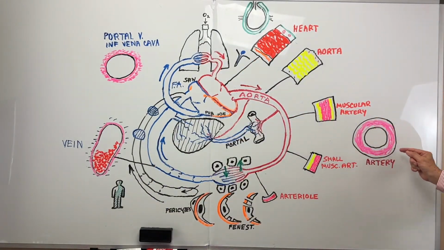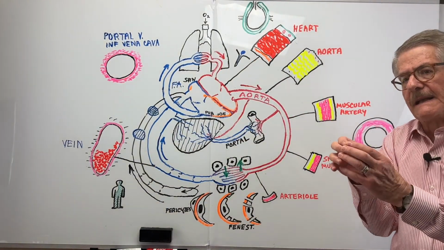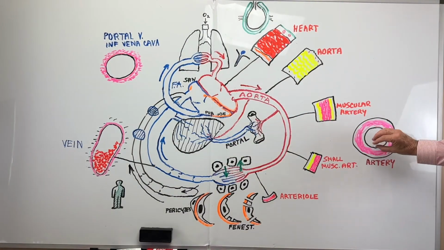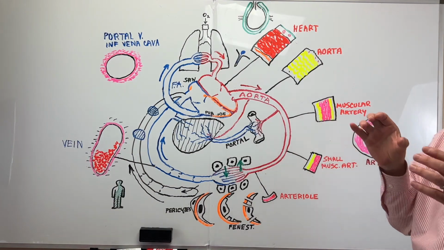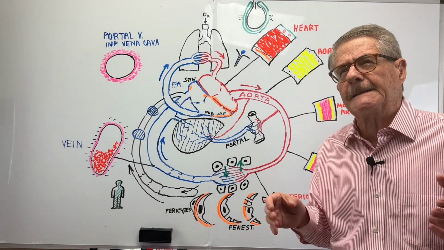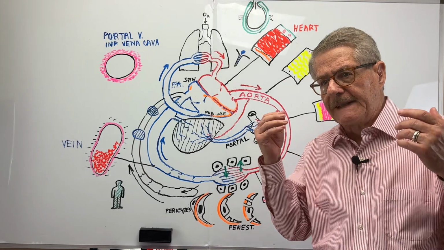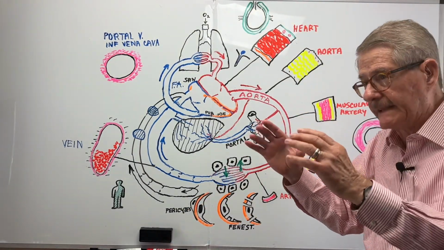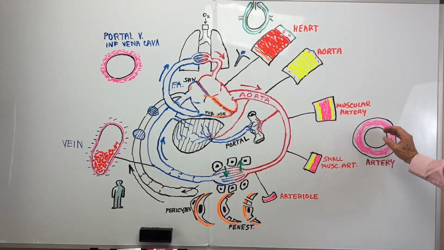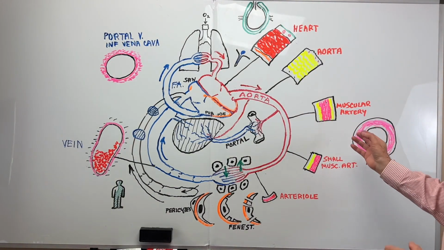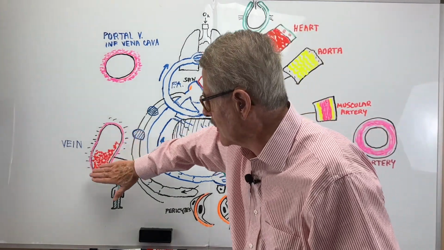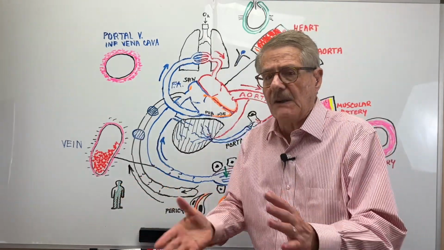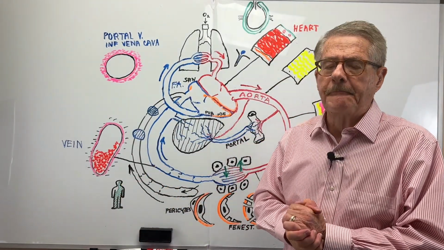Whereas arteries tend to be rounded, have less blood, and the muscular layer is easier to detect. So it's easier to detect the wall of an artery made by smooth muscle, whereas in the vein, it's mostly an adventitia and the vein blends with the surrounding tissue. Those are the easy ways to tell them apart.